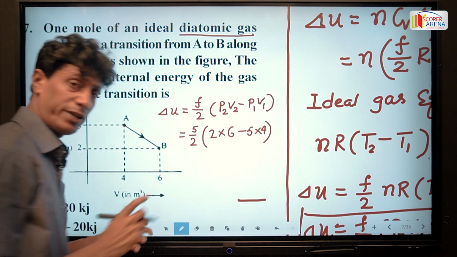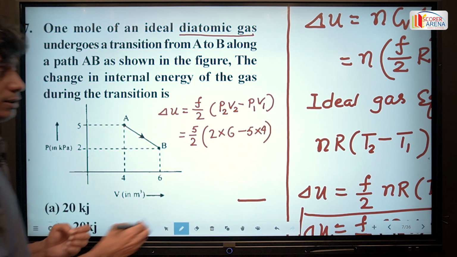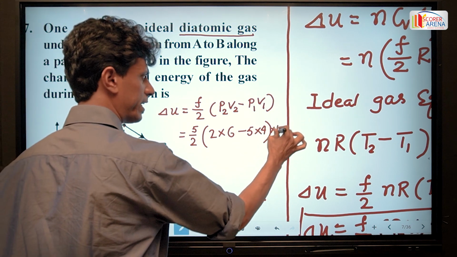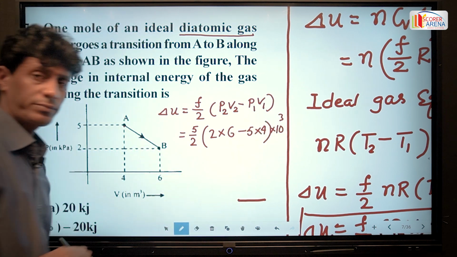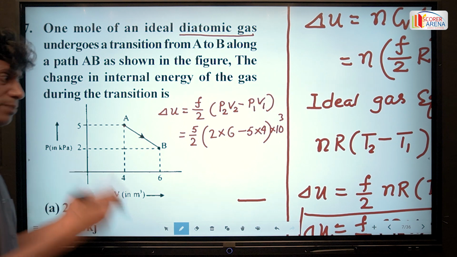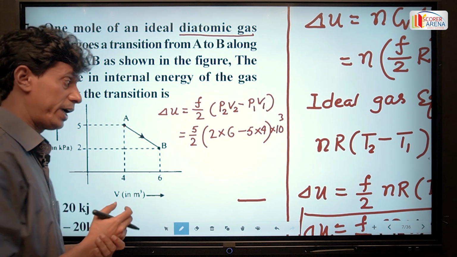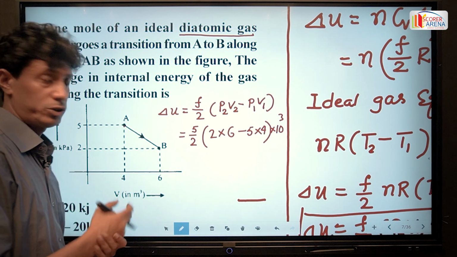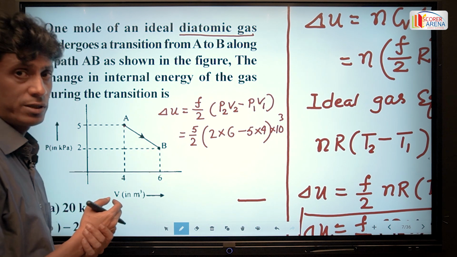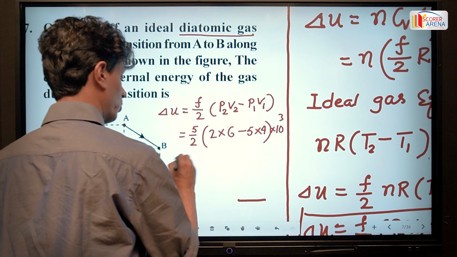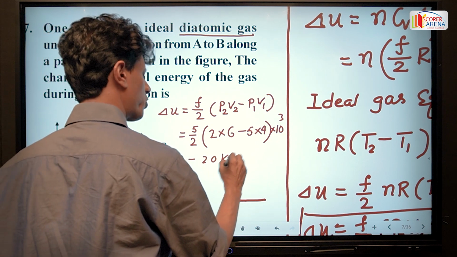Since the pressure given in the scale is kilopascal, you just multiply it by 10 to the power 3. So by simple calculation, it is 20 minus 12, so 8 by 2, 4, so 5 into 4 means minus 20 kilojoule, minus 20 kilojoule.